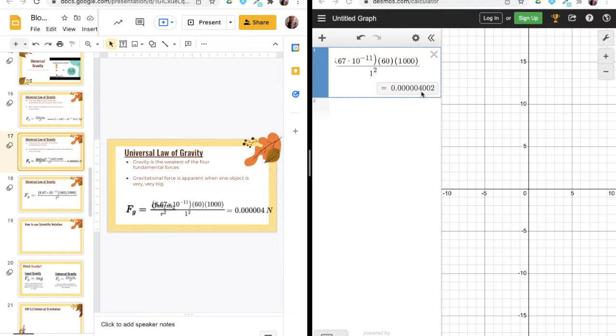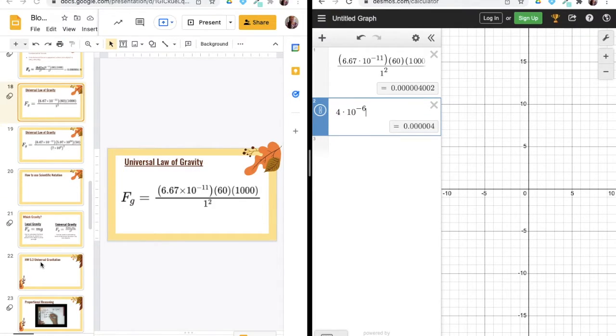It moves 6 decimal places. So I could also call this force something like 4 times 10 to the negative 6th. Both answers are the same number, and it's just how you want to display it. However you want to display it, I'll know what you mean.